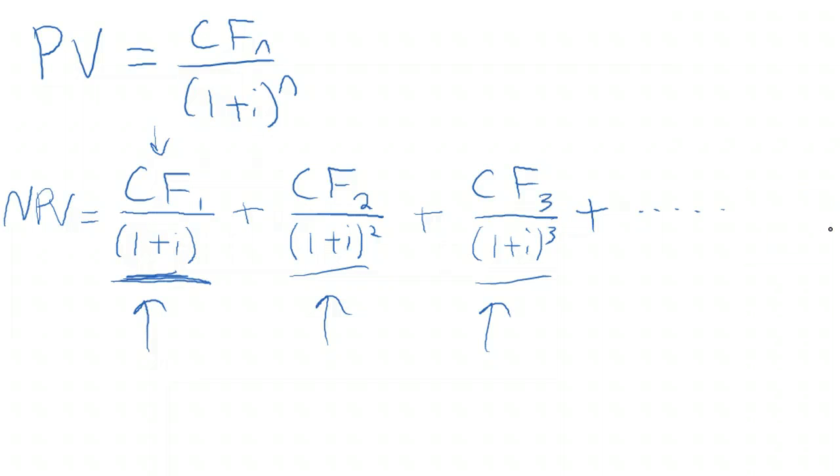But generally, when we're talking about the present value of a future series of cash flows, we will just talk about the future cash flows and take the present value of each of those cash flows and then add them up. So overall, when you hear the phrase net present value, what you do is you take each of the cash flows, you discount each of them to the present, and then you add them up. And that is how you calculate net present values of future cash flows.